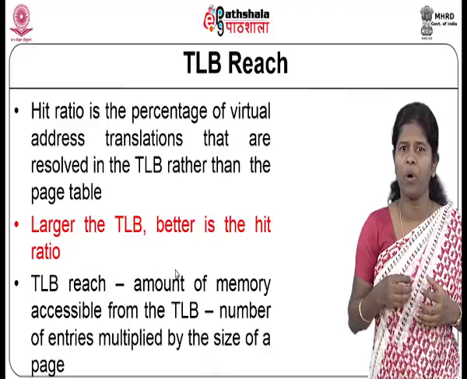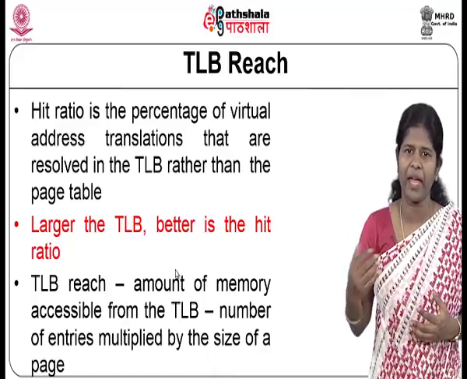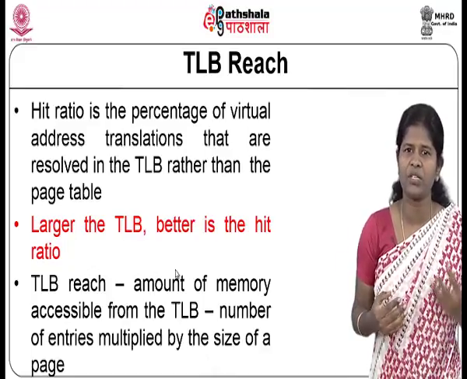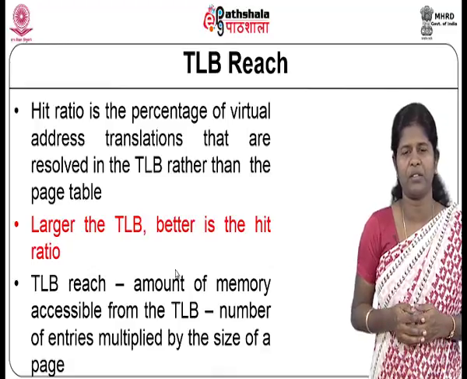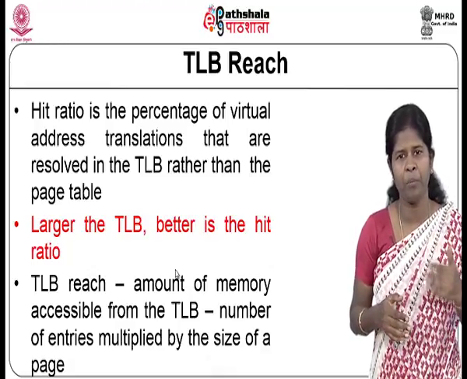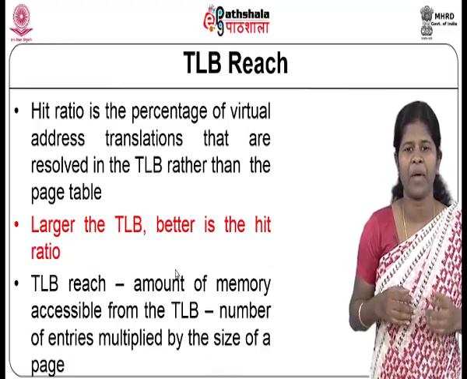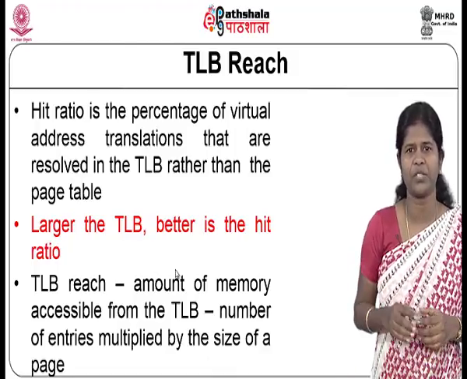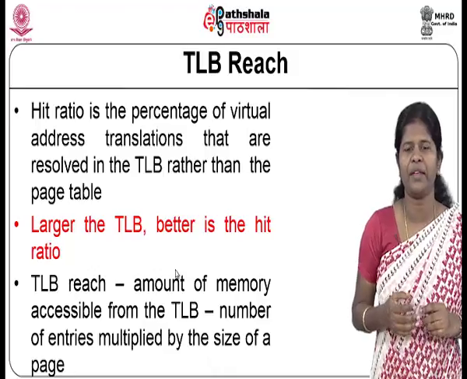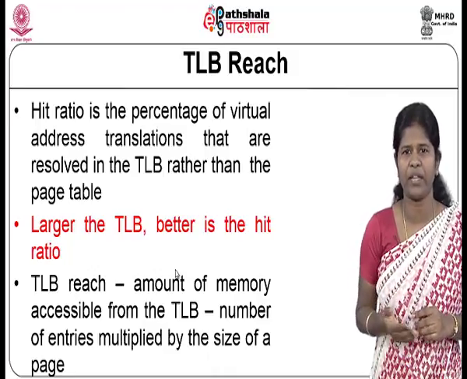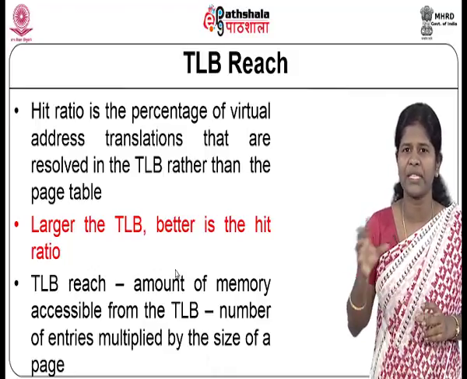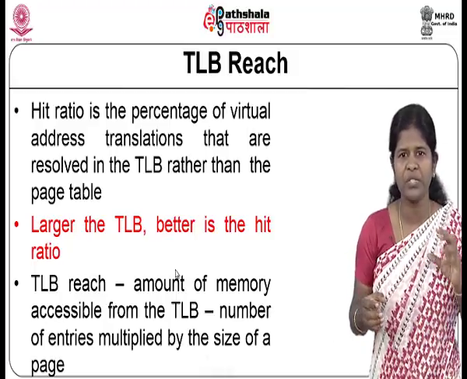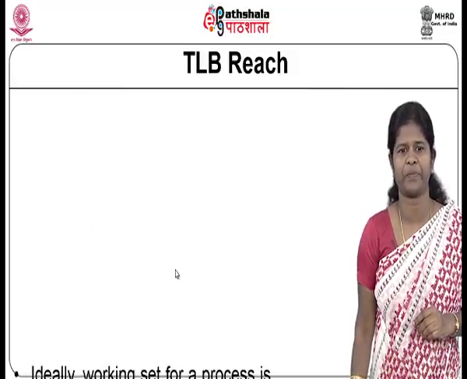That is the amount of memory that can be accessible because of looking into the TLB. So, that is nothing but the number of entries in the TLB multiplied by the size of a page. So, if you have 5 entries and if each page is 1 KB, then you can access 5 KB of memory using the entries in the TLB.